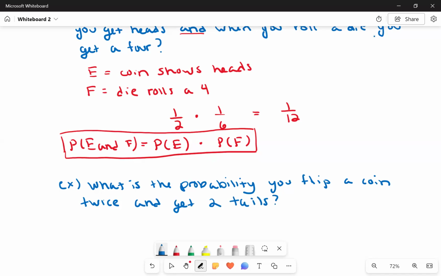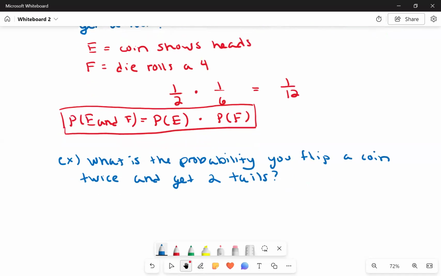It's actually the same type of question, because we flip a coin once, but in order to complete the question, we have to flip the coin a second time. So there are two events, the first coin toss and the second coin toss.